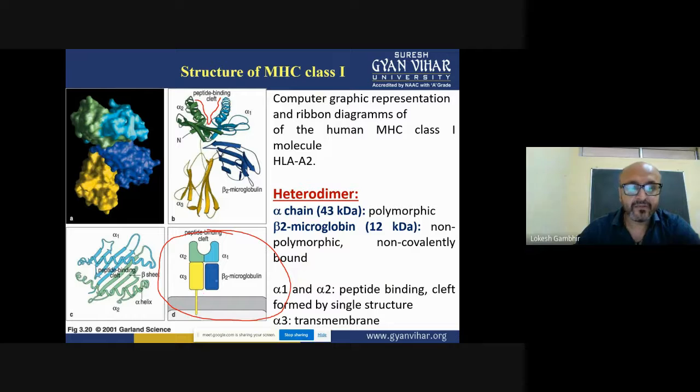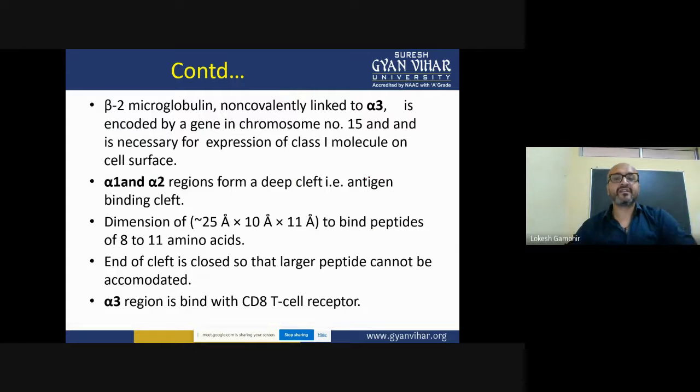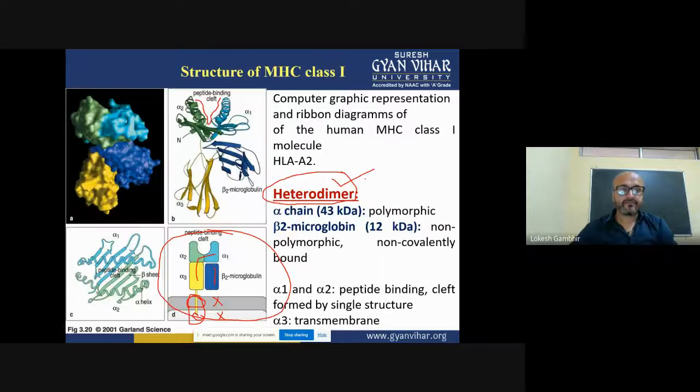You can see here that beta 2 microglobulin does not contain any transmembrane or cytoplasmic domain, whereas the alpha chain contains this region, which is 90 amino acids, 25 amino acids of transmembrane, and 30 amino acids of cytoplasmic tail. And that is why we call it a heterodimer. Why? Because it is made up of 2 chains, alpha and beta. That is the reason why we are calling it a heterodimer. So always remember this particular aspect.